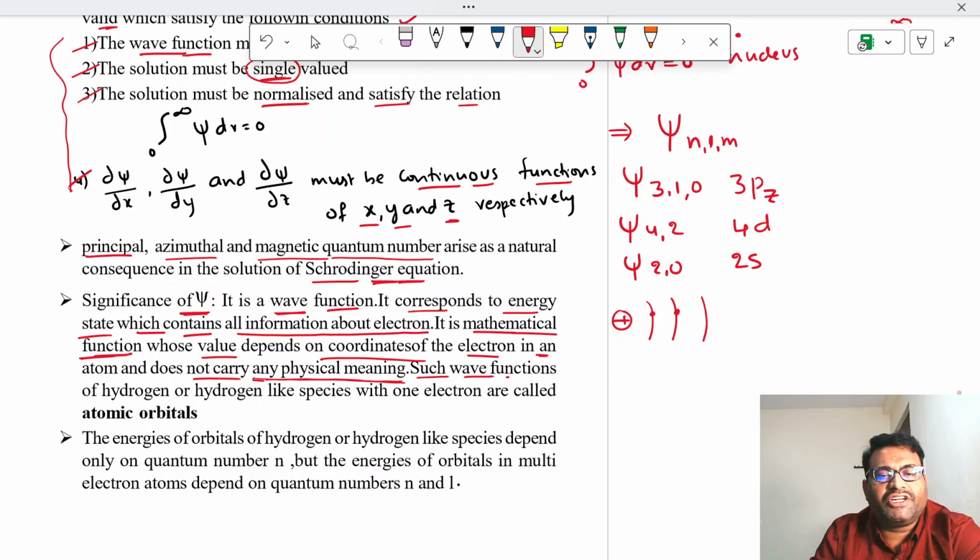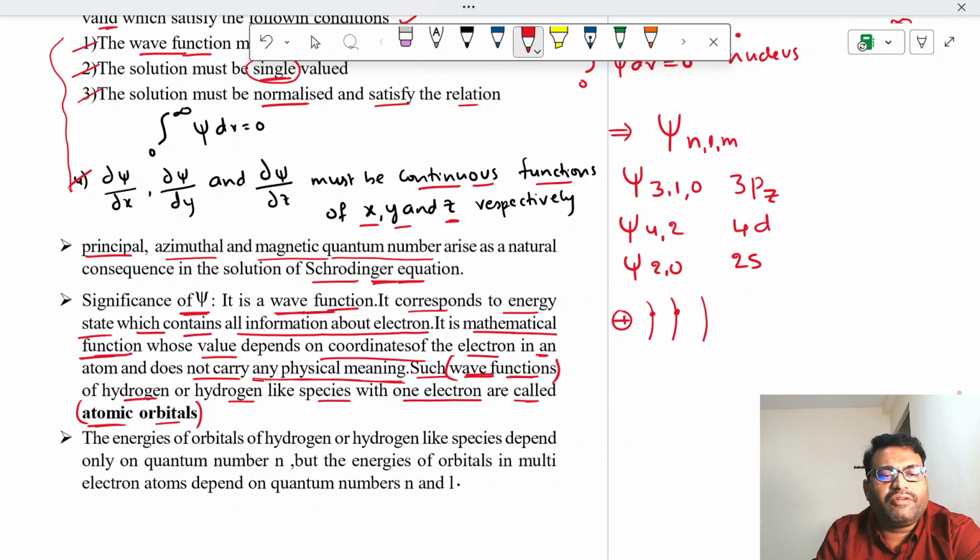Such wave functions of hydrogen and hydrogen-like species with one electron are called what? Atomic orbitals. So psi is just a wave function.